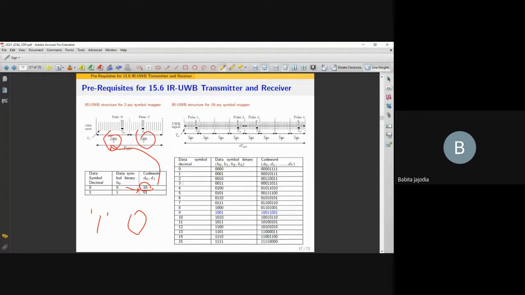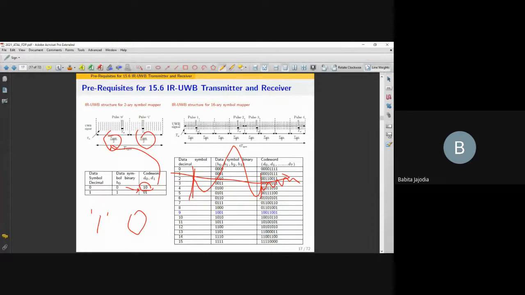Let's take an example like a square Gaussian pulse. You can see there is a tail also, but basically the main power, or the main pulse, is in the major lobe and the side lobes. You can see T symbol is the entire symbol duration.